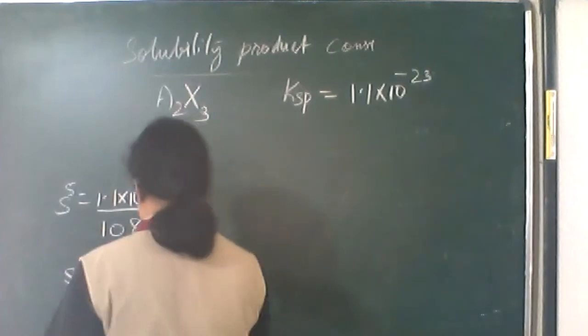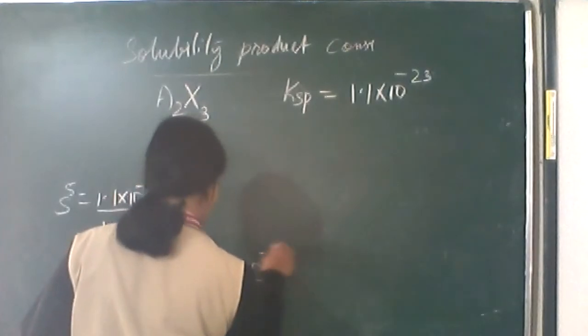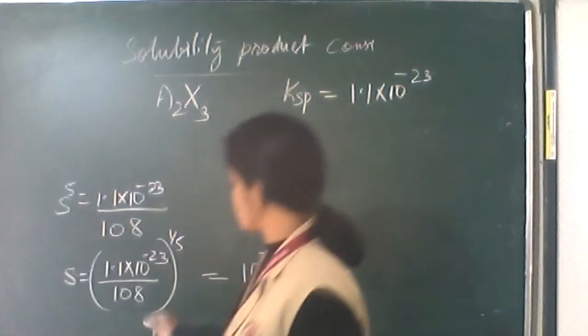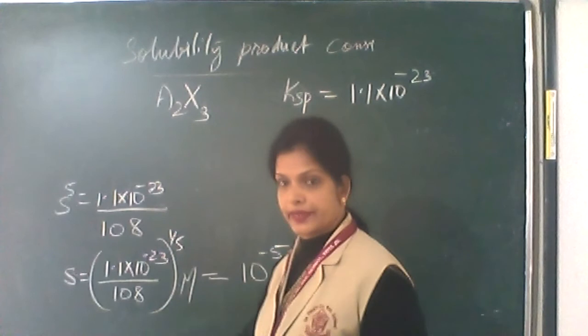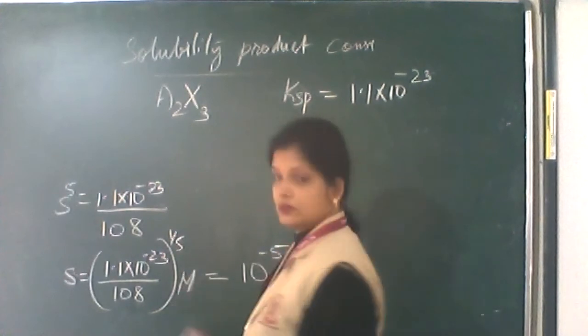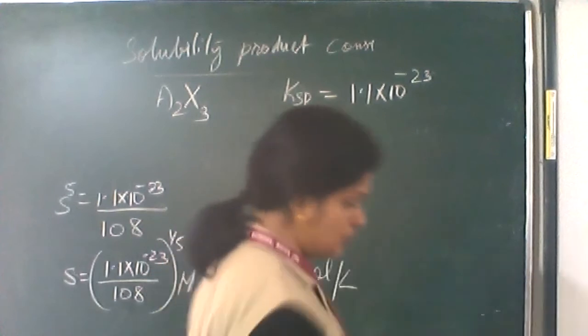The value is of the order of 10 to the power minus 5 moles per liter. You just write in this format only, this much smaller. That is the solution.